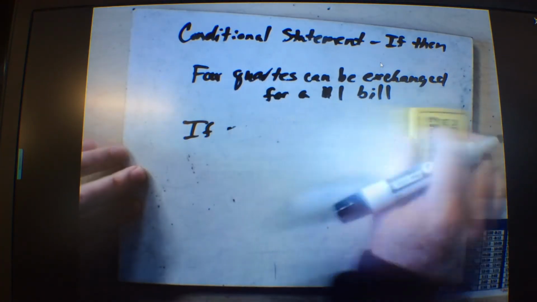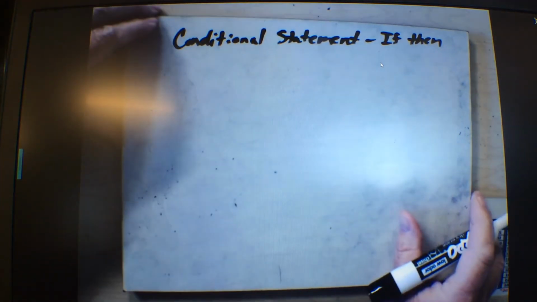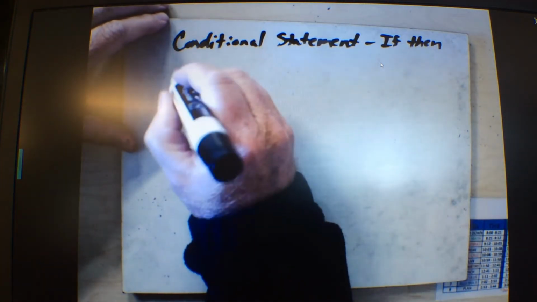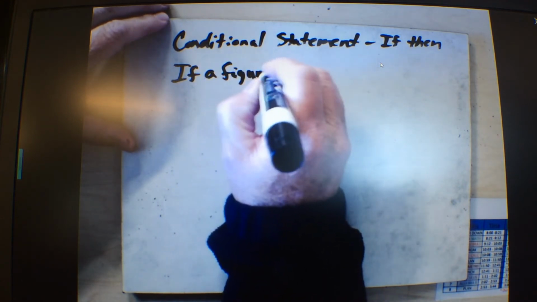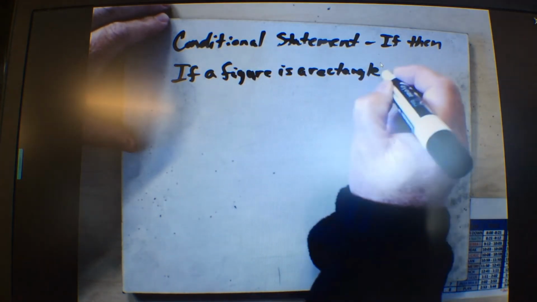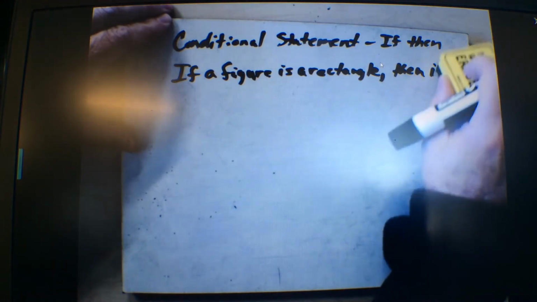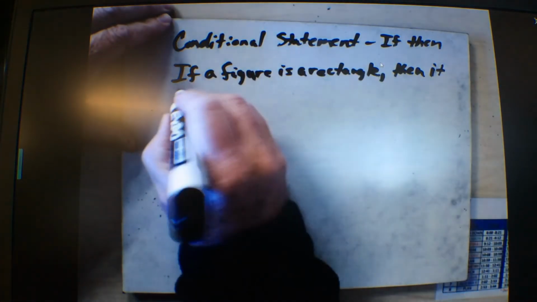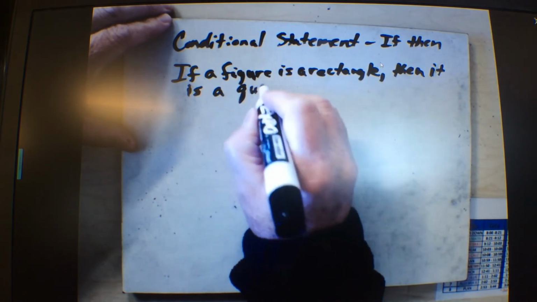Okay. All right, so this is a conditional. So I'm going to come up with just a conditional statement that we can all agree on, so we're not offensive. Let's go back to our rectangle one, because that seems to be a fun one to do. If a figure is a rectangle, then it is a quadrilateral, right?